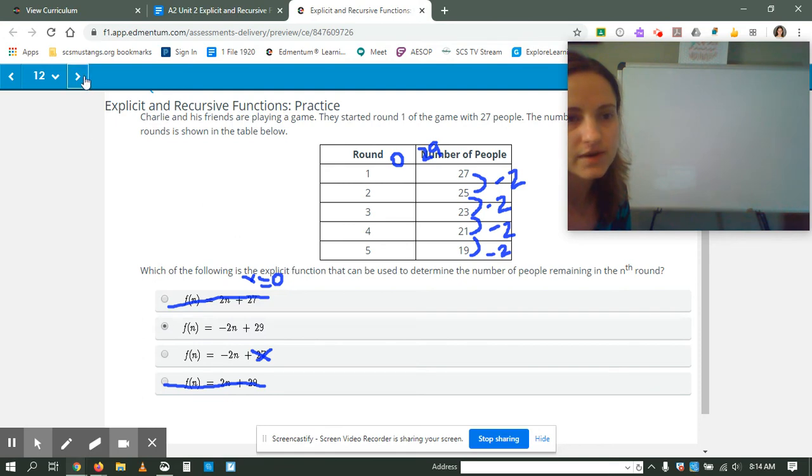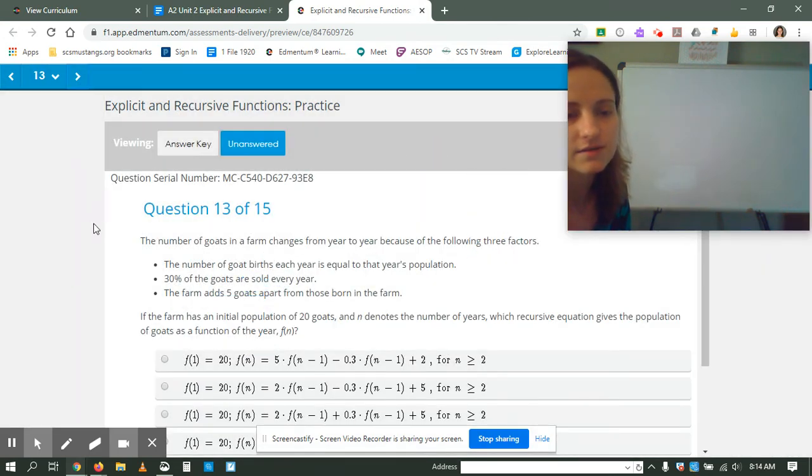Looking at 13, the number of goats on a farm changes from year to year because of the following 3 factors. And each of those 3 factors is going to show up in this equation one way or another. The number of goat births each year is equal to that year's population.